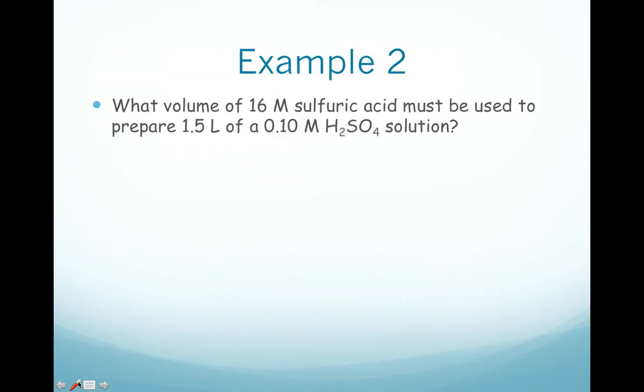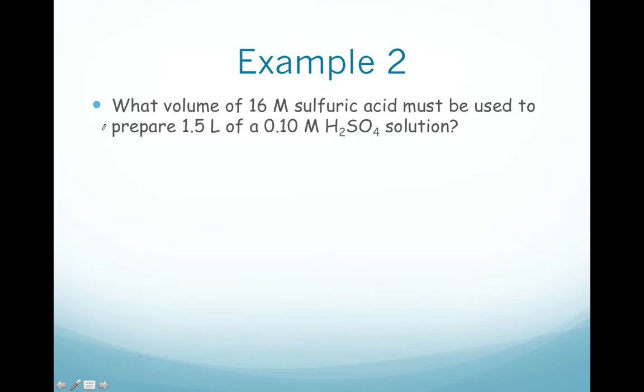Okay, so the question is, what volume of 16 molar sulfuric acid must be used to prepare 1.5 liters of a 0.10 molar sulfuric acid solution? Okay, so you notice you have two molarities.